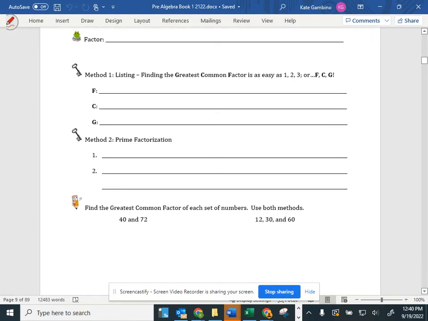So what is a factor? A factor is a number that goes evenly into the given number.